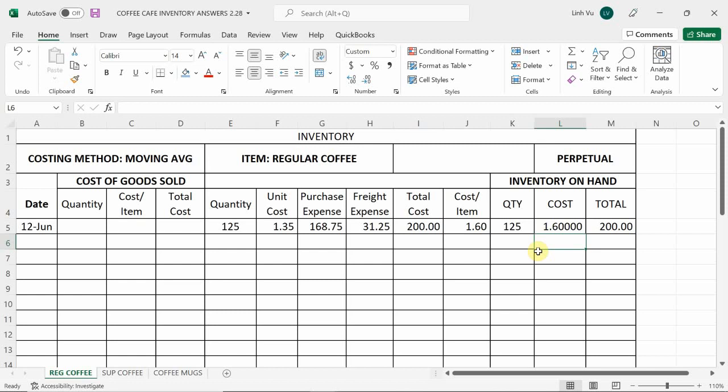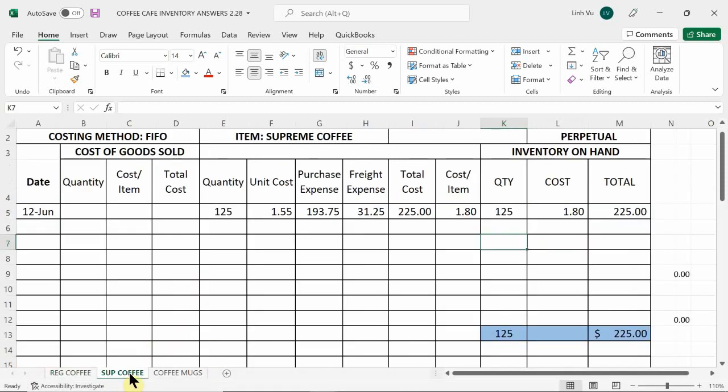So I'm going to constantly know how many pounds of regular coffee I have available at all times. I don't need to calculate this one, because I constantly keep adding the quantity and the total cost to calculate my new moving average cost per item.